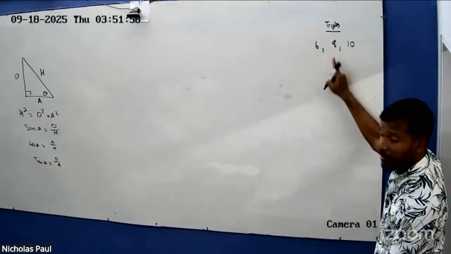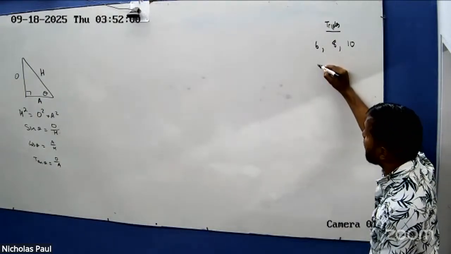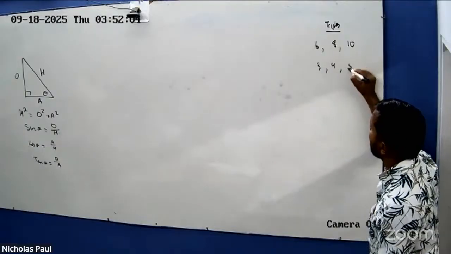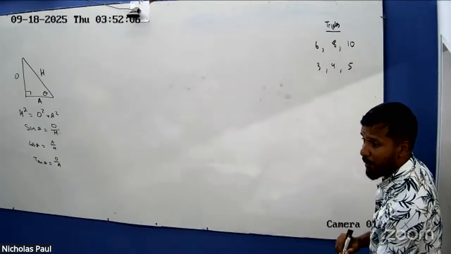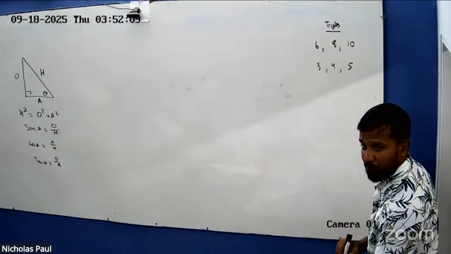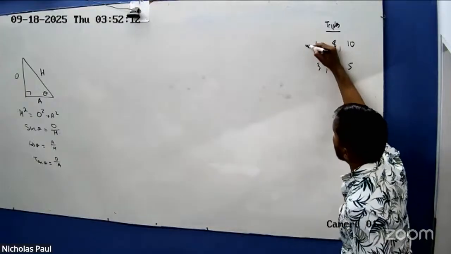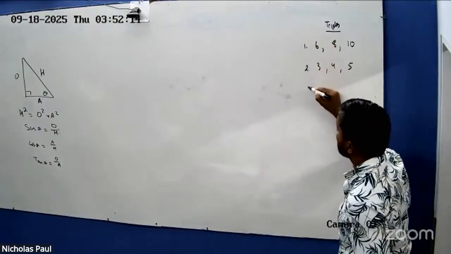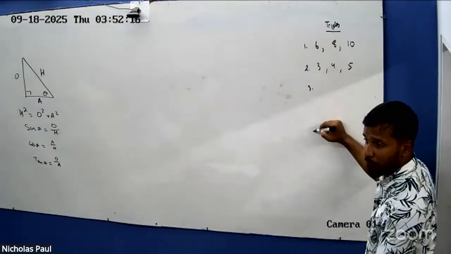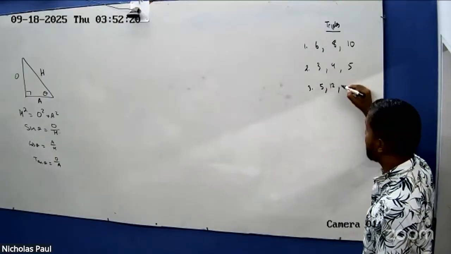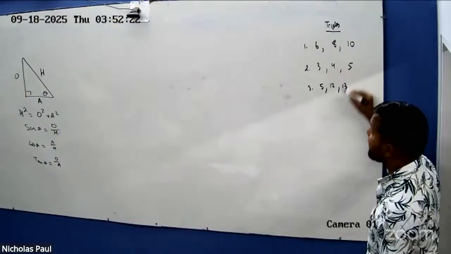There's a next one that's popular as well: 3, 4, 5. Anybody know any others? 5, 12, and 13. These are Pythagorean triples.